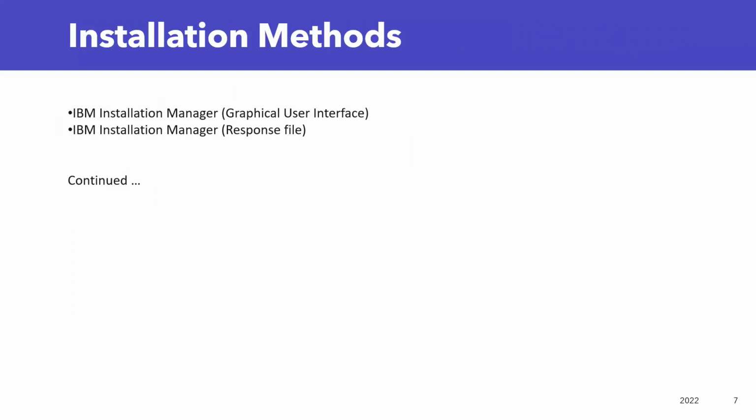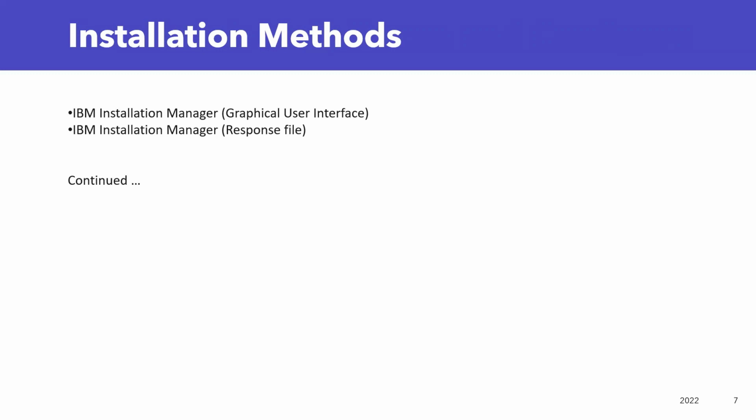Now, when it comes to installation methods, there are two ways of installing Sterling Integrator. First of all, you need to have IIM installed, which is called IBM Installation Manager. It's a file that comes along with the product media.